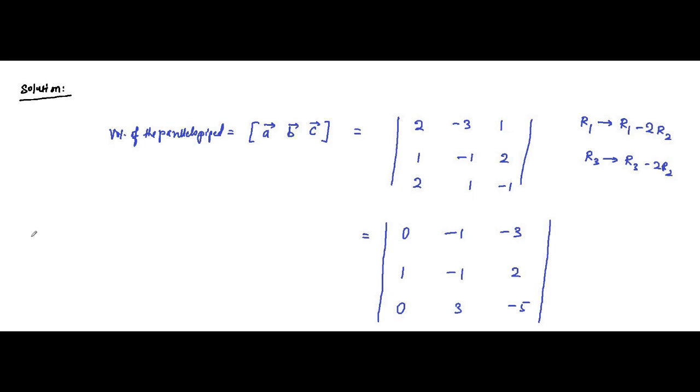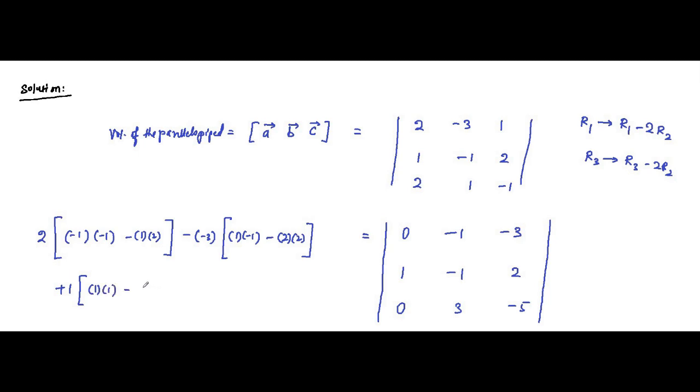So 2, minus 3, 1, you can go by that, so it will become 2 into minus 1 into minus 1 minus 1 into 2, then minus of minus 3 into 1 into minus 1 minus 2 into 2, then plus 1 into 1 minus 1 into 2.